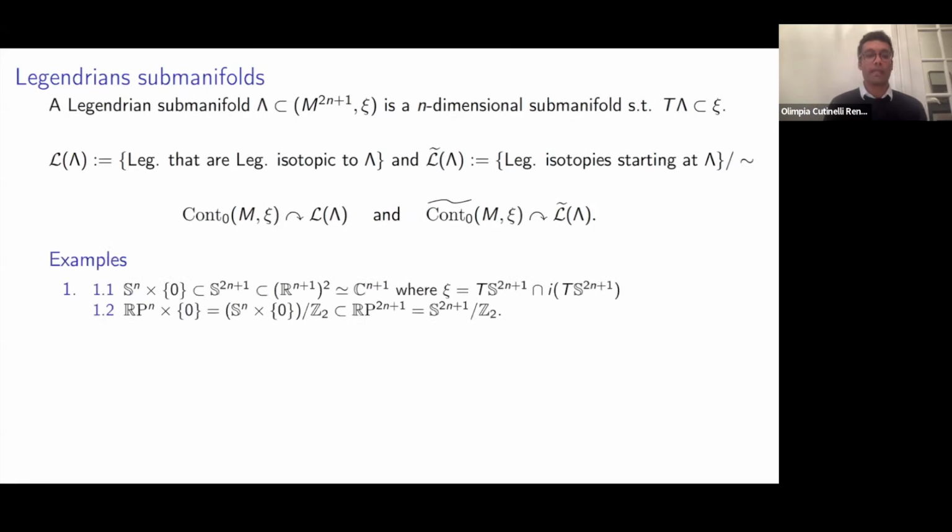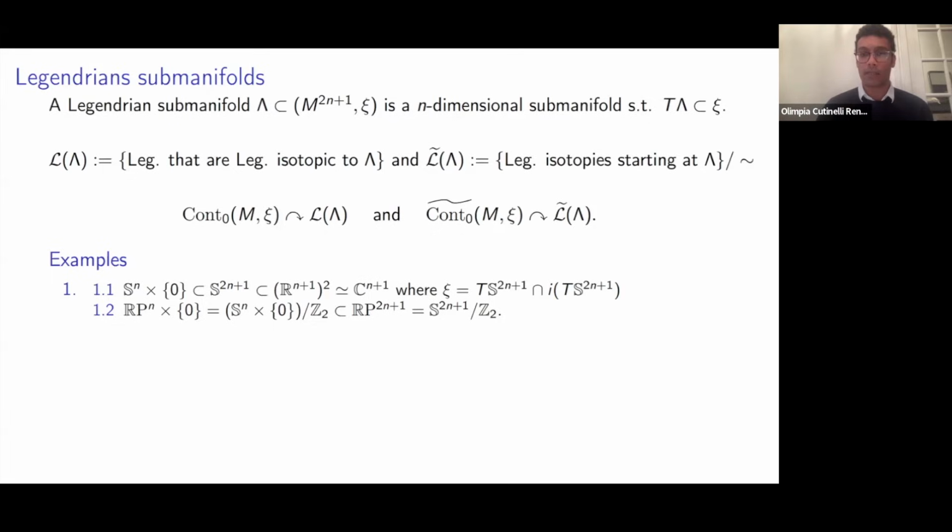So now some examples that will be of interest today. The first example I want to give is the odd contact sphere. You take the odd dimensional sphere S^{2n+1}. You can see it inside C^{n+1}, the space of complex numbers to the power n+1.